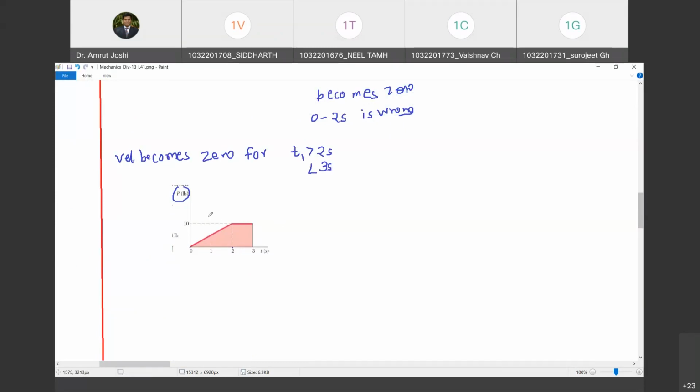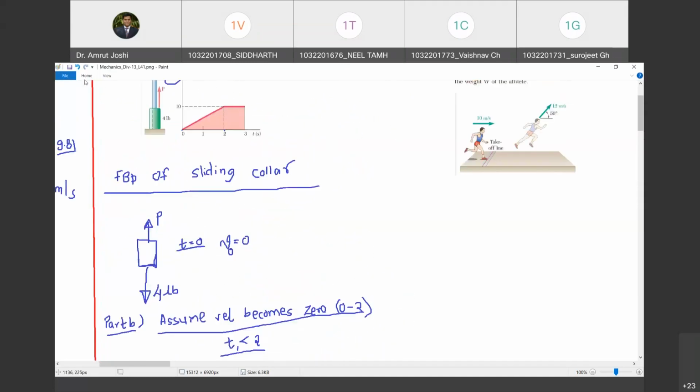Do you agree with me? Yes, sir. So I will mark that. So therefore, let us say this is the time at which velocity becomes 0. Do you agree with me? Yes, sir. And I will bring this down, this cage down.